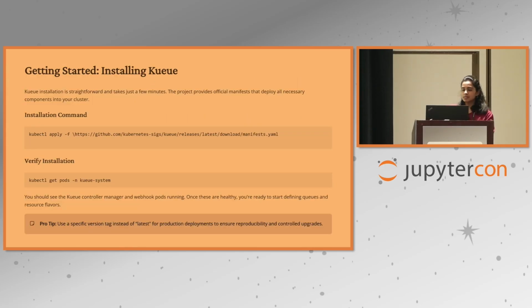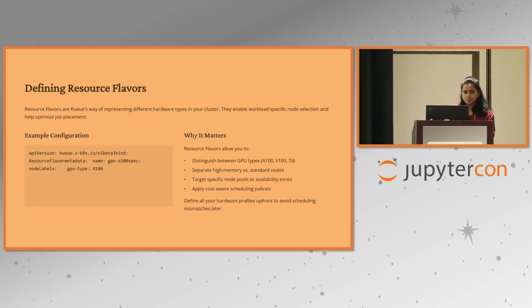And yeah, this is a simple installation. How do we install Kueue using kubectl on a regular Linux platform? And this defines how resource flavors work. So what is a flavor? A flavor is like the type of GPU, I would say, and they have separate high memory and standard nodes.